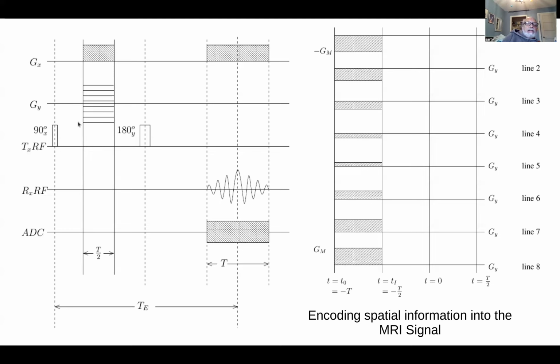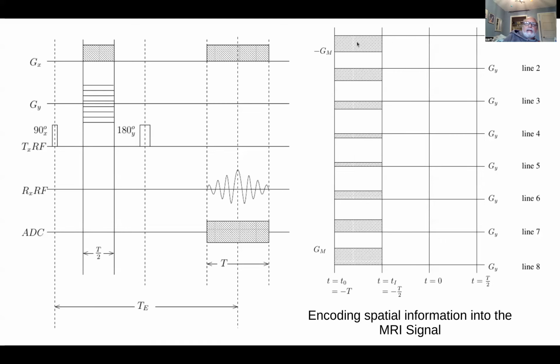So this kind of shows one TR of a very long sequence that's needed for imaging. And each TR, what happens is the value of the Y gradient changes. So that's what this means here. And if you were to look at each individual TR, the actual gradients that are applied would look like this.